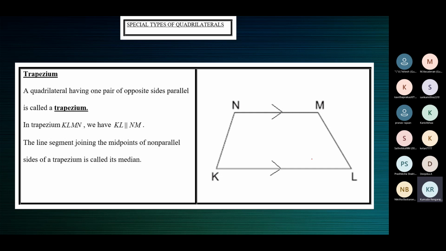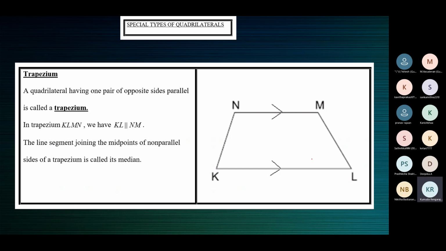You don't have to check for all the properties, since a trapezium has so many properties, in the figure and then say, see, it has all these properties, so it must be a trapezium. No, if it satisfies the definition, it is a trapezium.